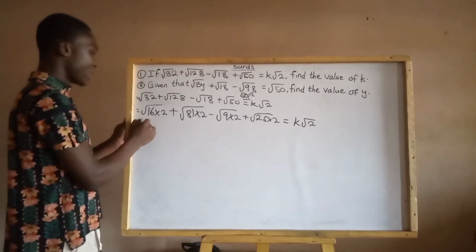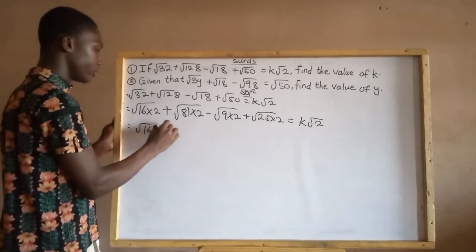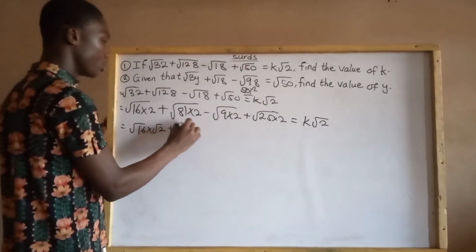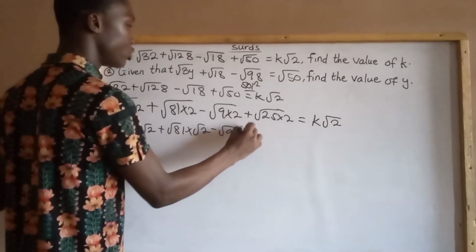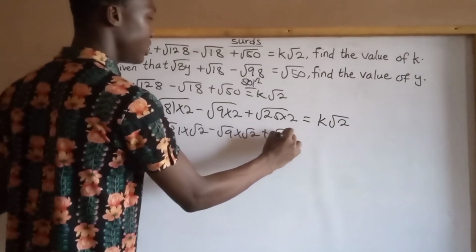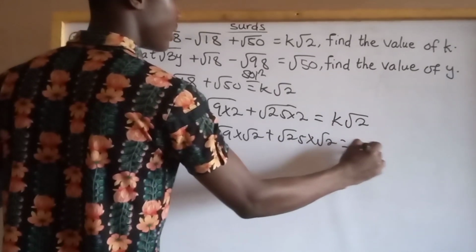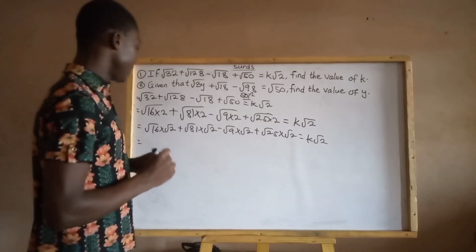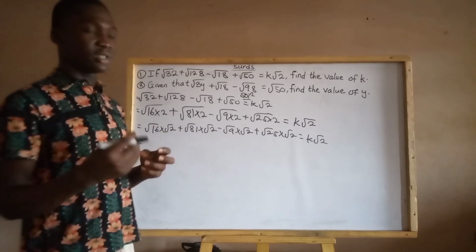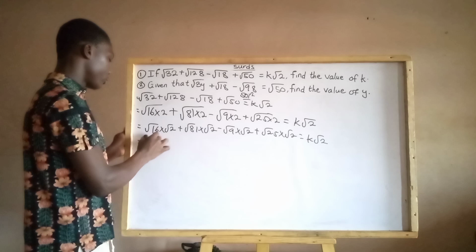So now we can separate the roots as root of 16 times root of 2 plus root of 64 times root of 2 minus root of 9 times root of 2 plus root of 25 times root of 2 is equal to k root 2. So now here, since 16 is a perfect square, root of 16 means what number times itself gives 16. We have 4.